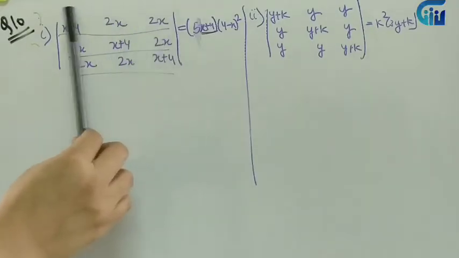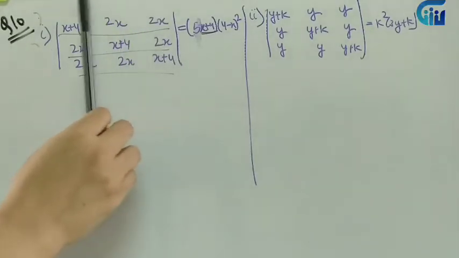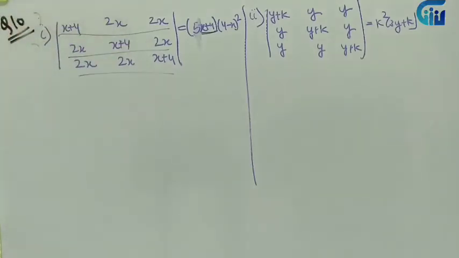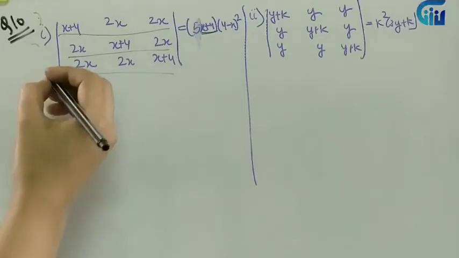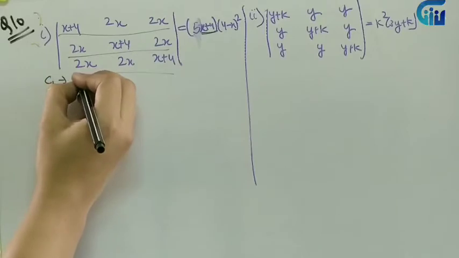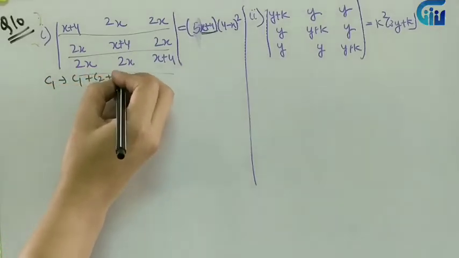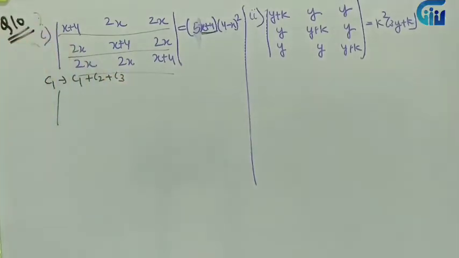Now I'll try to work on certain things. Can I, after adding all the elements along this column or this row, am I getting this 5x plus 4? You can observe this particular determinant. All the elements are appearing to be almost same with their different placements. So now if I write C1 such that C1 plus C2 plus C3, will I get the same result? Let's see.